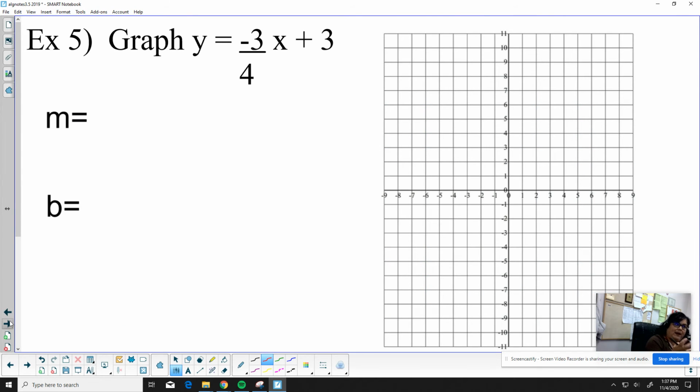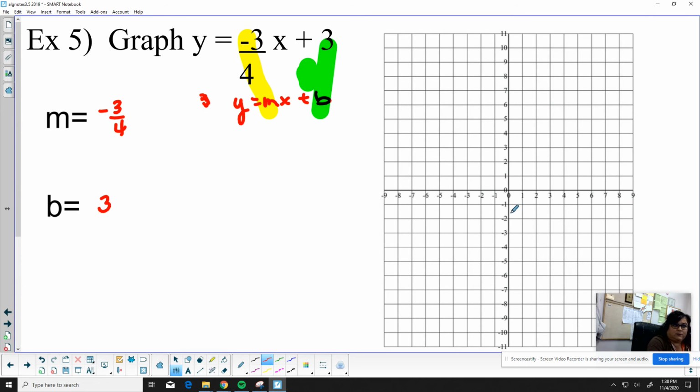All right, so now let's go backwards and try to graph this. So remember that the formula looks like this: y equals mx plus b. That means that negative 3/4 is m and 3 is b. So slope would be negative 3/4 and b would be 3.